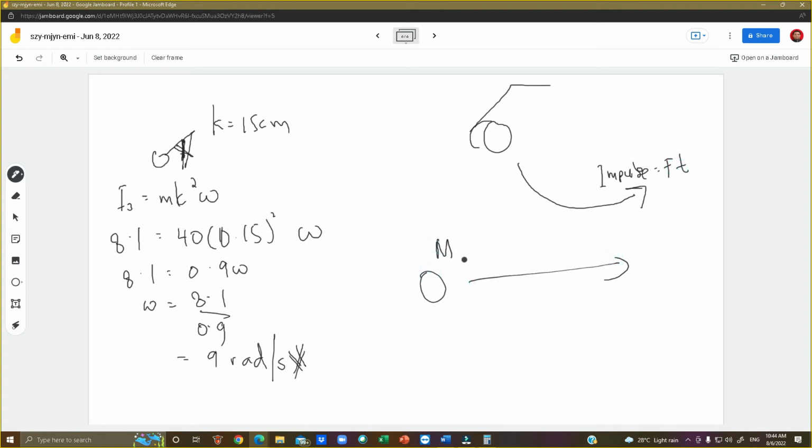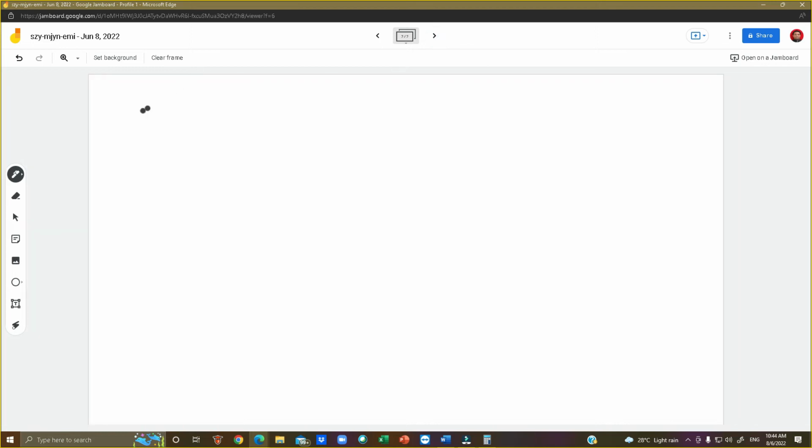Means it causes the bowling ball to have momentum. Jadi dalam case linear, we have the impulse momentum theorem which says that I equals to M. Okay, Ft equals mv.